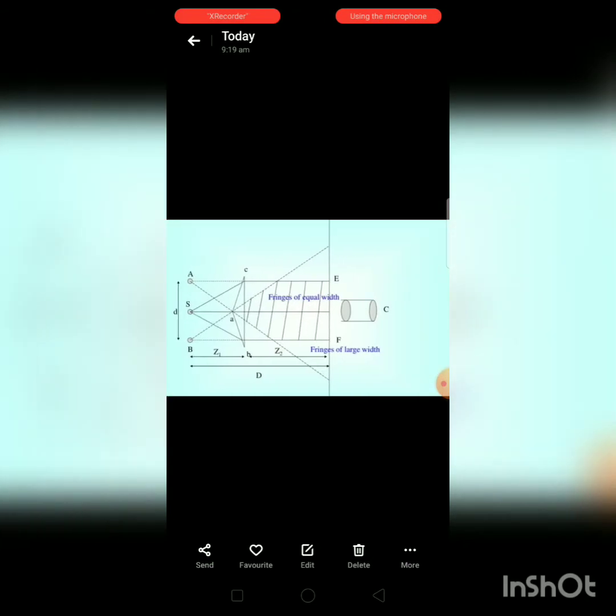Next, when the light passes through the prism, bright and dark fringes are formed on the screen. How is this diagram obtained? This is the source I kept near the biprism. I drew a horizontal line, and here is the screen.